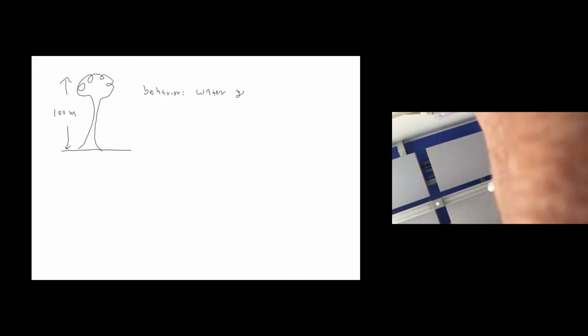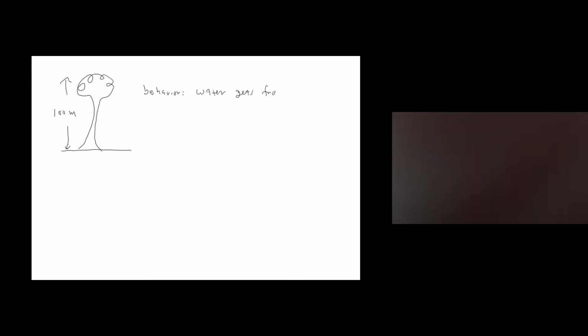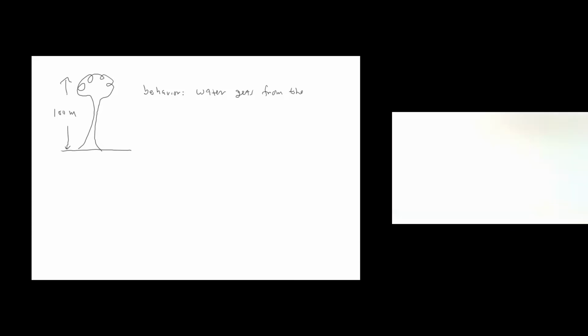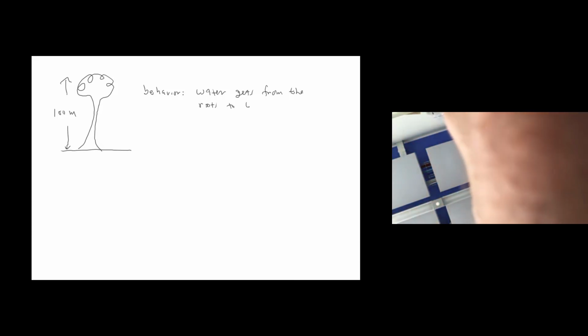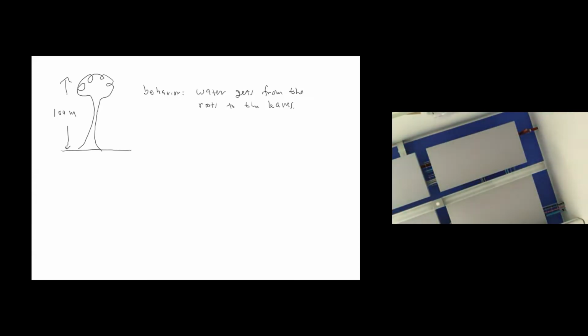And so the behavior is water gets from the roots to the leaves. And again, we want to write down some equations and solve them. This is actually a little more complicated, and basically, a little thermodynamics.